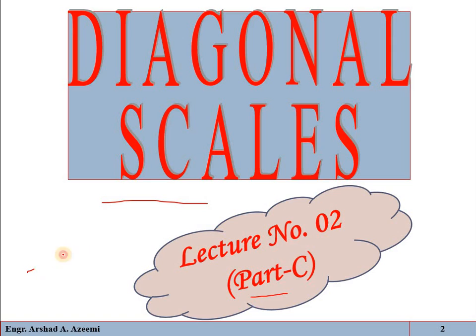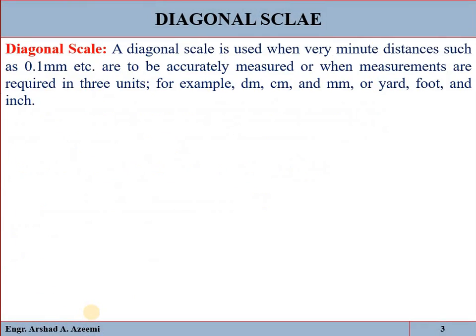Whenever we are constructing a plain scale, we have two units, for example meter and centimeter, or centimeter and millimeter, or feet and inches. That means we can measure up to 2 units. The diagonal scale is used for very minute distances such as 0.1 millimeter.